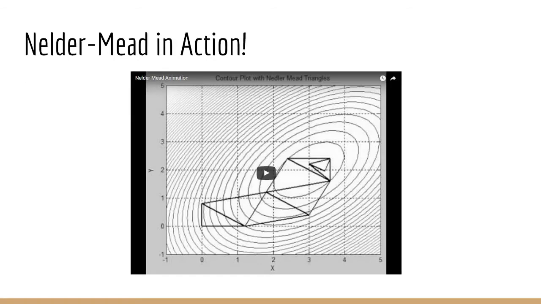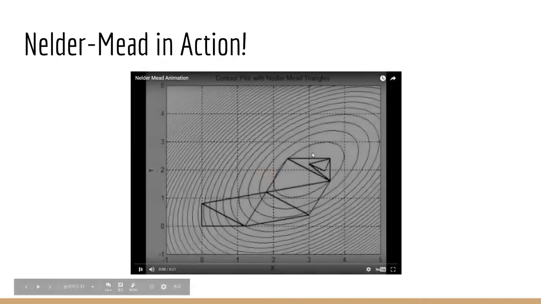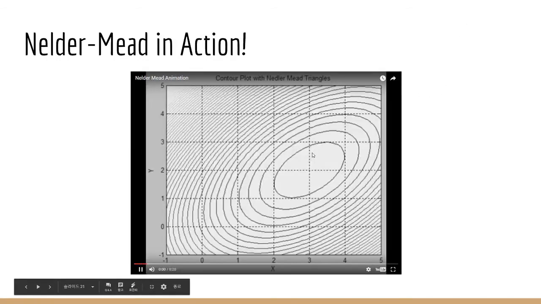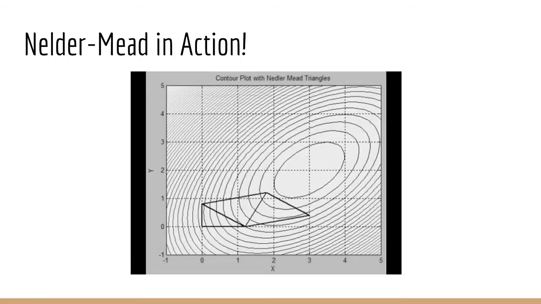The Nelder-Mead algorithm's iterations. And as it's iterating with respect to 2 variables, that is 2 dimensions, each simplex is a triangle, and you can see it converging towards the optimal point of the function.